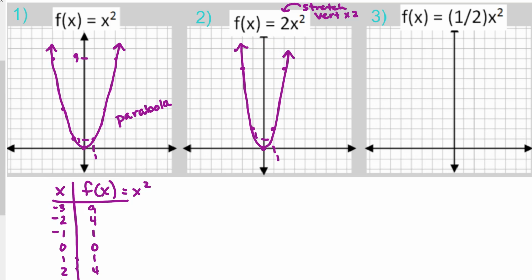Now, here's my little shortcut, the way I like to think of it. When we graphed the first one, we started at the vertex. We went over 1, up 1. In both directions, over 1, up 1. Well, now we go over 1 and up twice that. So this is over 1, up 2.